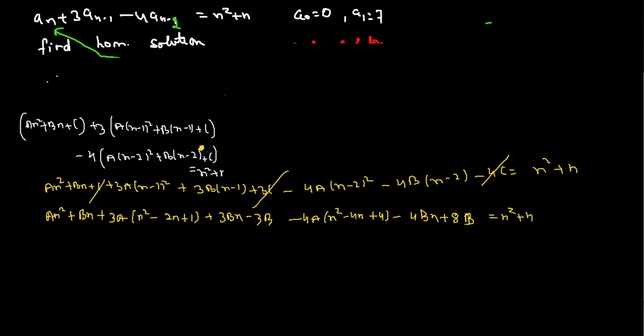Okay. Take N square common. You will get what? A 3A minus 4A, right? Oh, yes. One important thing. Yes. Very good.